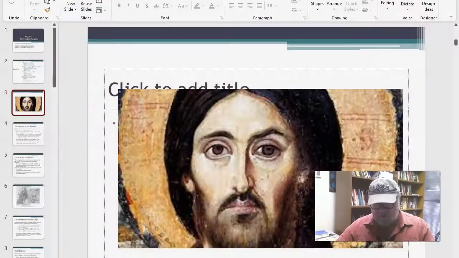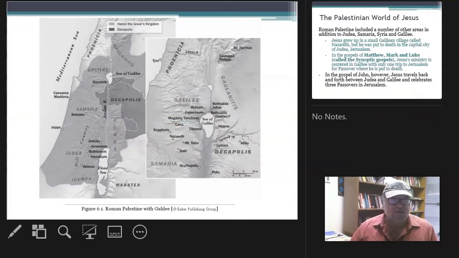And here is a map of the area. On the left, you see the larger map, or the zoom out view, with Samaria, Judea, Decapolis, the Sea of Galilee, Nazareth, Galilee. Caesarea is on the coast, as is Joppa.